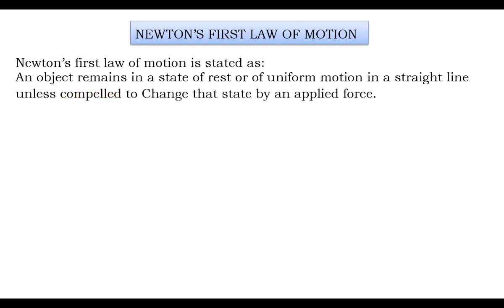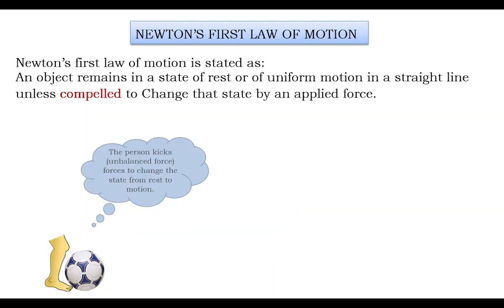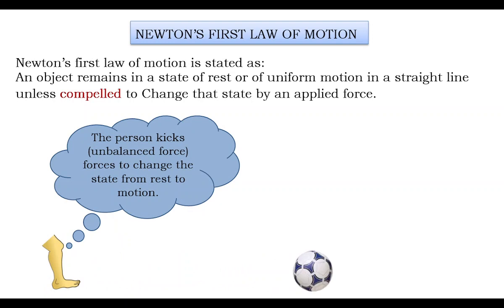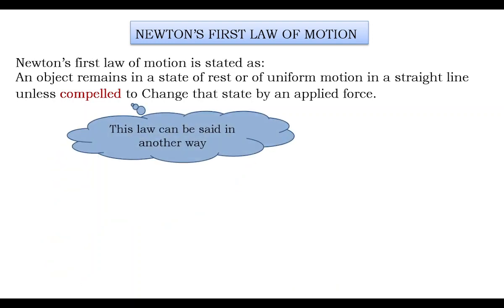So if you remember, this means it's showing that same kind of thing, that is inertia. So we are taking this example. Here is a football. The ball is at rest, but when I will apply the force by kicking that ball, it will come to motion. So it needs an external force to bring the motion.